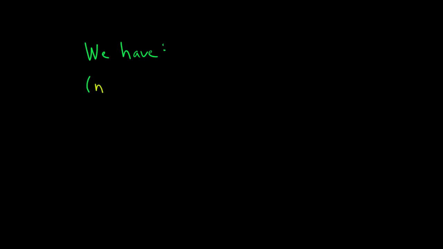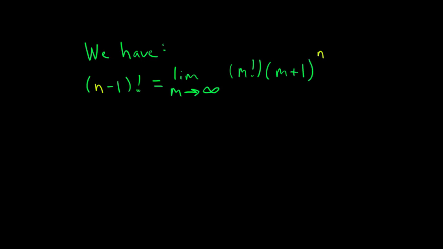We've already shown here in this video that n minus 1 factorial equals the limit as m approaches infinity of the expression m factorial times m plus 1 to the n, all over n times n plus 1 times n plus 2 all the way up to n plus m.